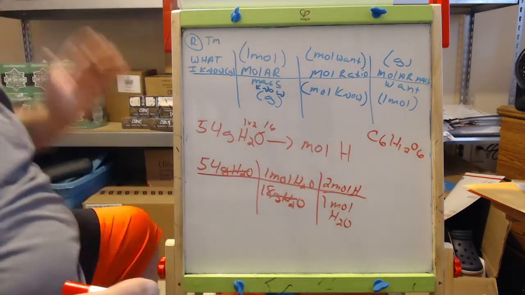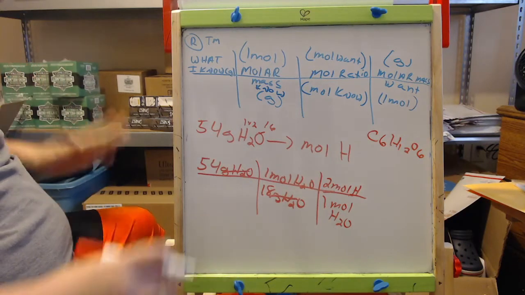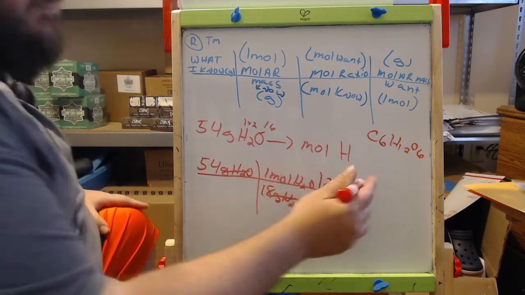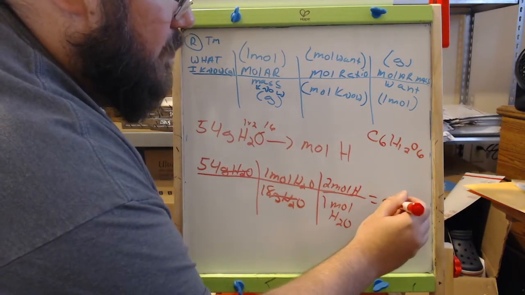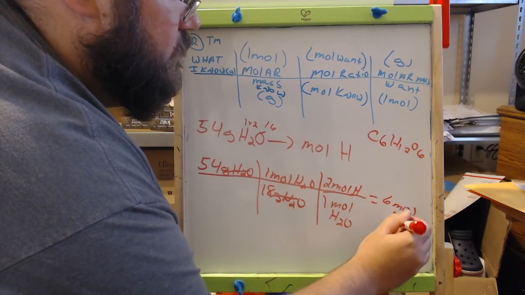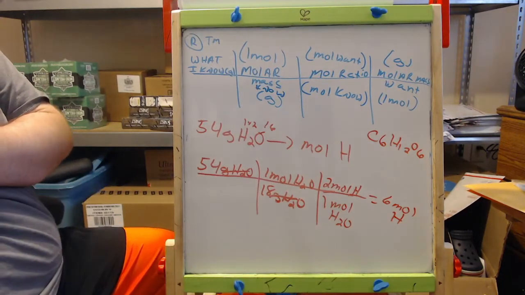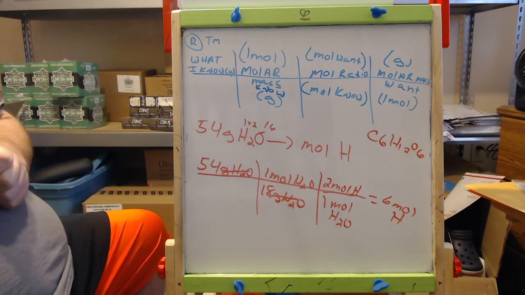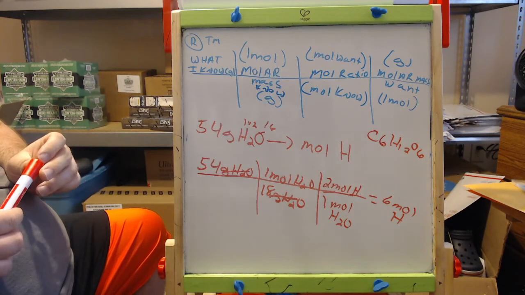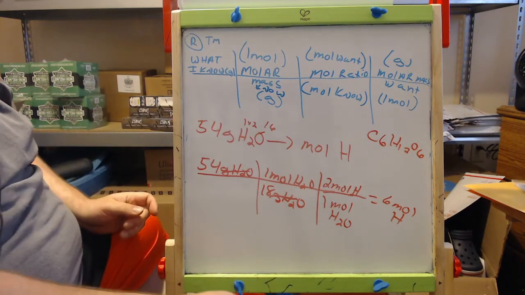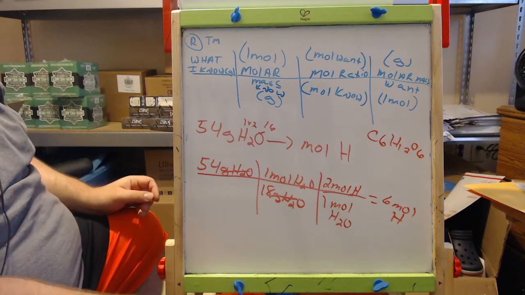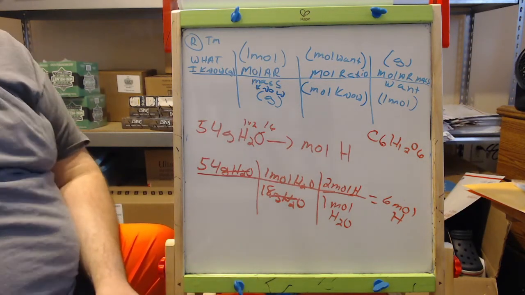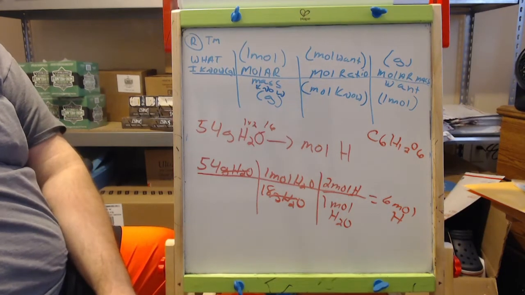And we would do the math. 54 divided by 18, which is 3 times 2, there should be 6 moles of hydrogen. Okay. What if I wanted to know moles of oxygen? What would I have to change up here if I wanted to know moles of oxygen? What would change up here if I wanted to know moles of oxygen?